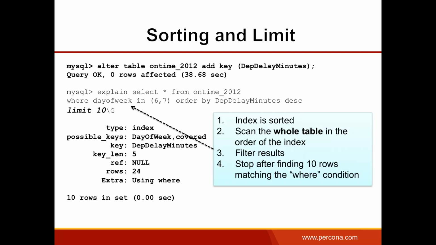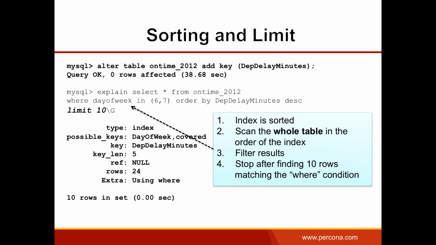Now, how does it work, and how MySQL is able to avoid creating a filesort and avoid doing the sort at all? So MySQL uses a specific algorithm here. Because index is sorted, we can scan the whole table in the order of the index. And then on top of that, we can filter result.